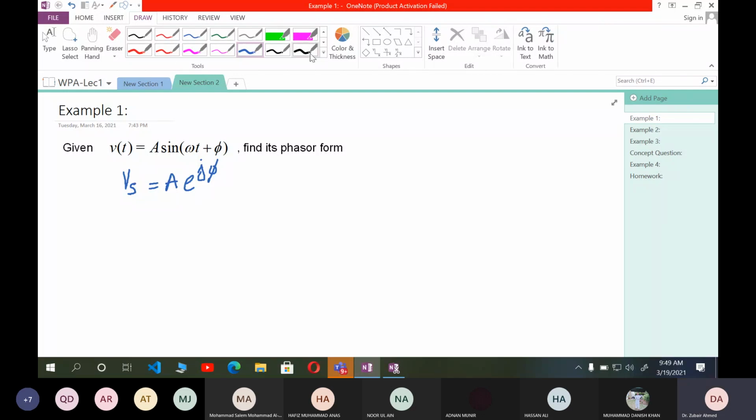Actually, you are missing one thing: this is A sine omega t plus phi. Our fundamental definition of phasor was that if we have a time domain signal A cosine omega t plus phi, then we can write it in phasor form V of s equal to A exponential of j phi.